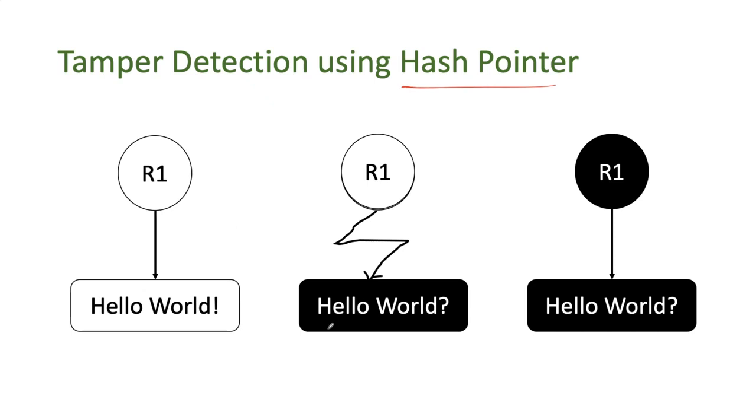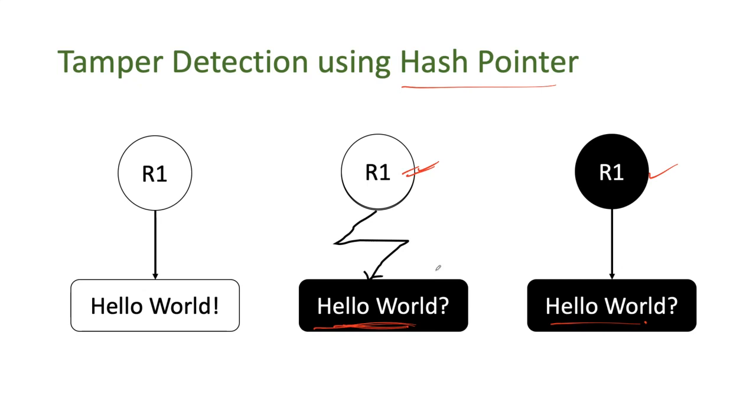After that, this message is updated. When this message is updated, it must compute the new hash value, new R1. Correct? If any change happens in this message, then there will be a change in the hash pointer, so a new hash will be updated.